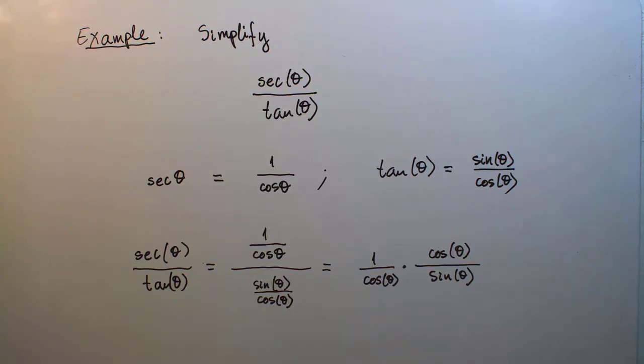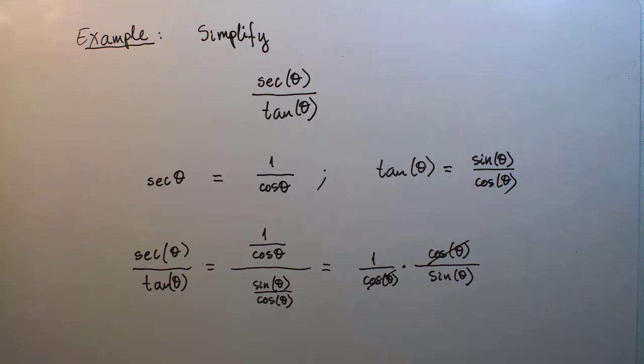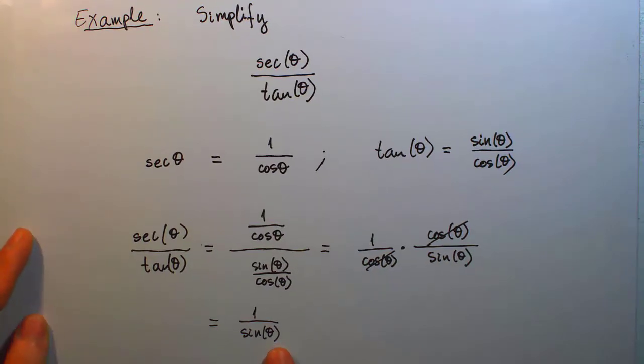And so now recognizing that we have the common factor cosine theta right here, I am going to cancel cosine theta. And so in the next step, we are reduced down to 1 over sine. So at first we thought that we are quite simplified, and it seems like nothing else we can simplify.